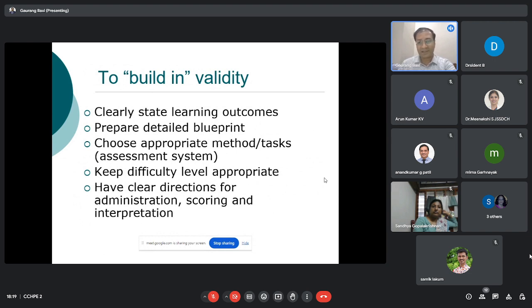Choose the appropriate methods and the task. Again, your blueprinting will help in that. Keep difficulty level appropriate. So as you mentioned, neither too easy questions nor too difficult questions. There should be a mixture of different difficulty levels. And finally, have clear directions for administration, scoring, and interpretation of the results.